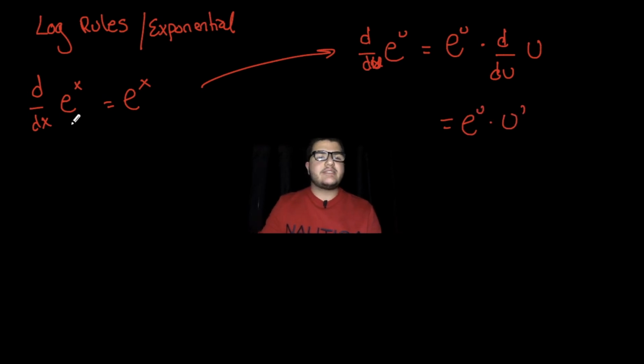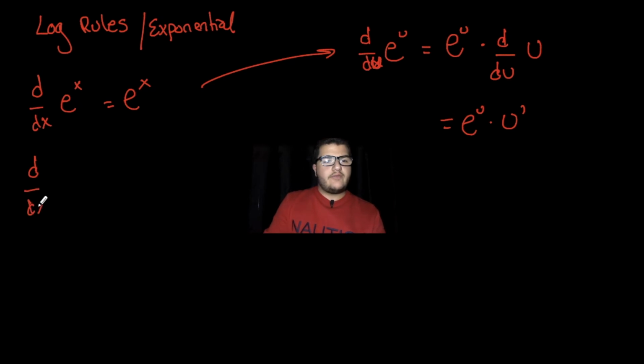What I'm saying is, when you're taking the derivative of e to the x, when the exponent is any other function, you keep the function the same, e to the whatever that function is, and multiply by the derivative of the exponent. So that's what this means. The derivative of e to the u, where u is not x, is e to the u, stays the same, times u prime. So pay attention to that.